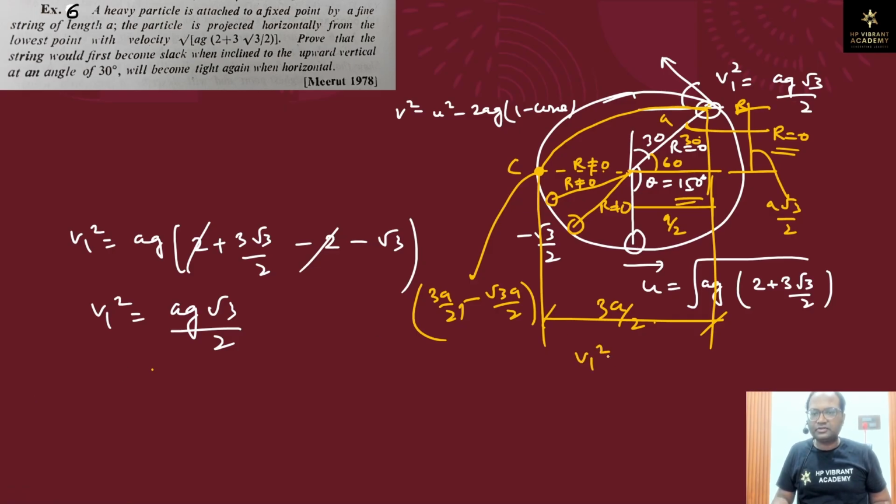So we have v1 square is equal to ag root 3 upon 2.